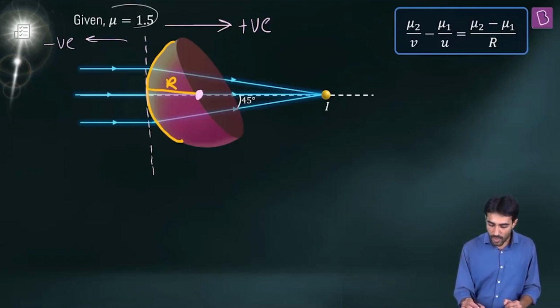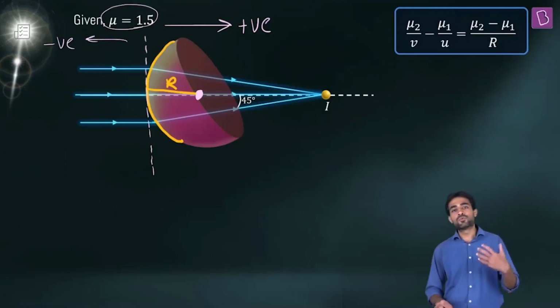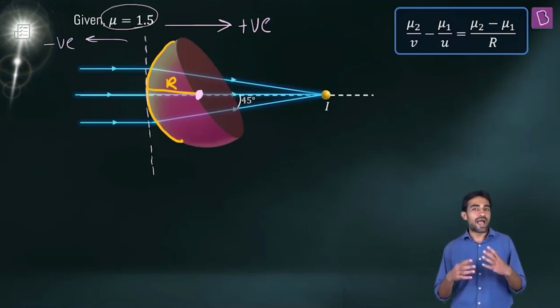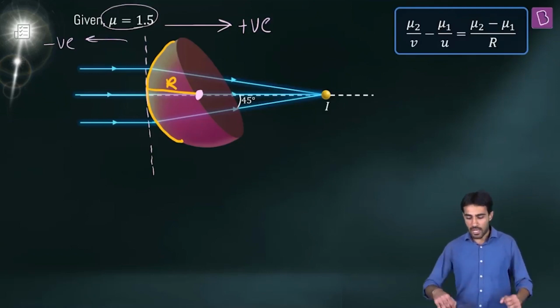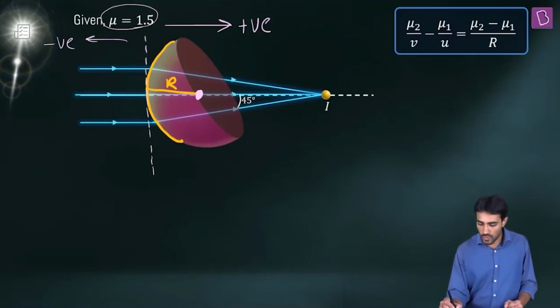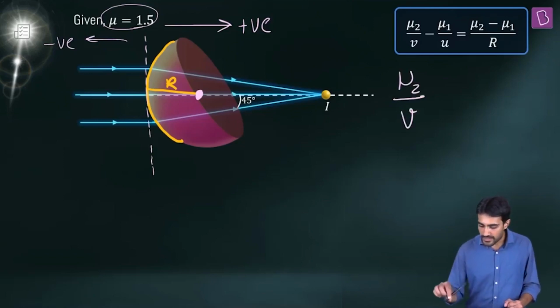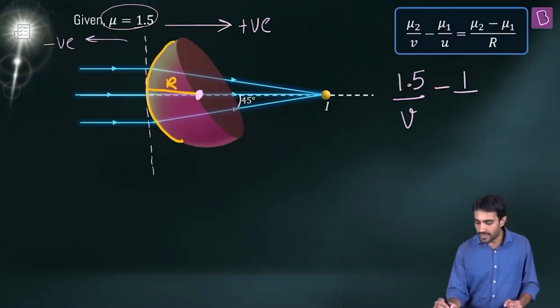Mu2 is given to be 1.5. And mu1, let's take the outside medium to be vacuum or air, so mu1 is actually 1. Now let me put the values. Mu2 divided by v: instead of mu2, I will write 1.5. So 1.5 divided by v minus mu1, which is 1, divided by u.